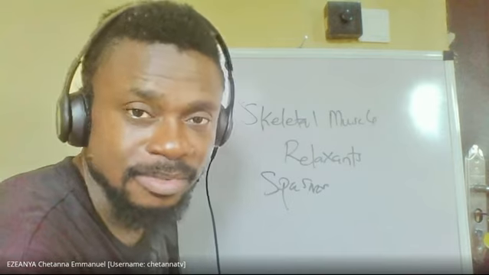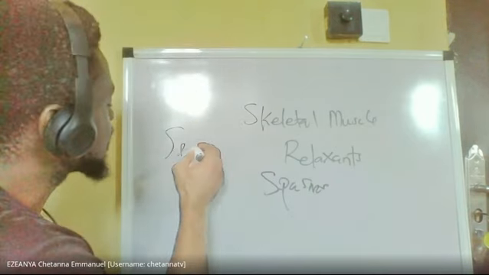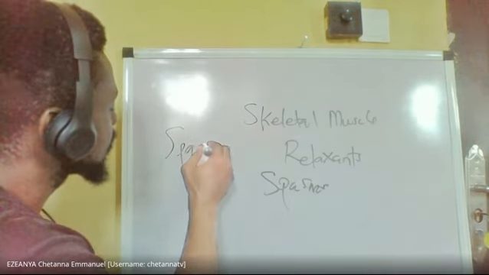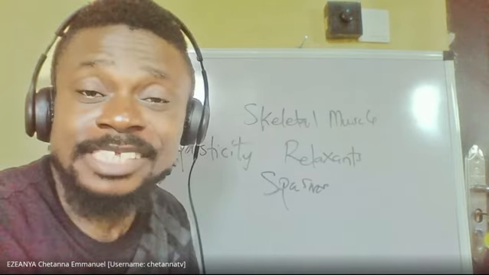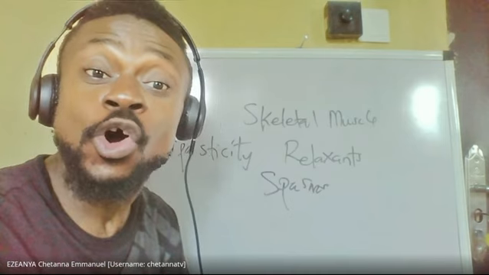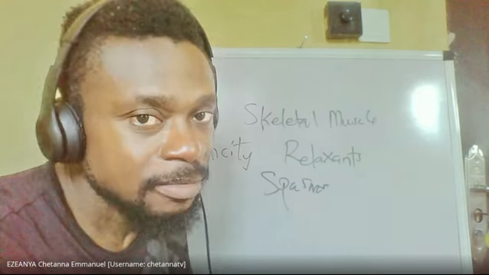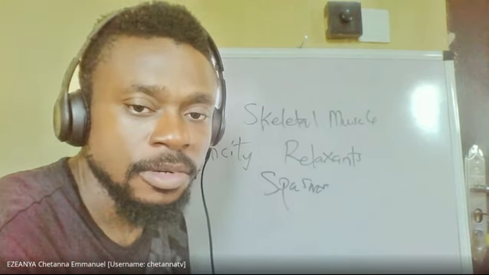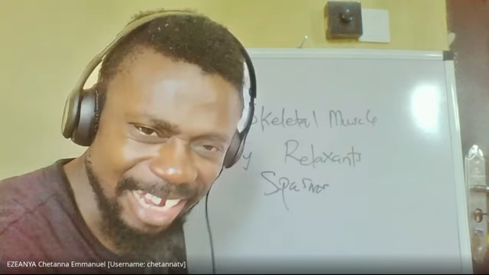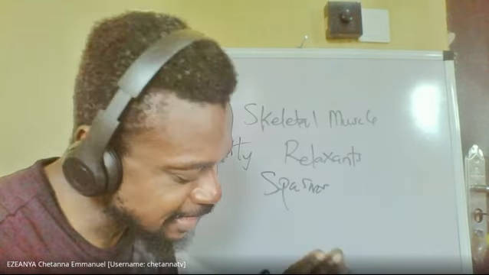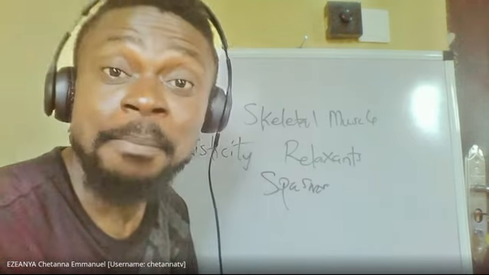But spasticity, very important. Spasticity, that is this spasm issue that comes from neurological conditions, is not what resting can take care of, and it's not what simple analgesics can take care of. Spasticity from neurological conditions requires long-term medication.